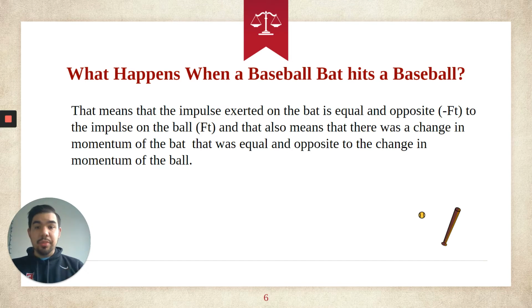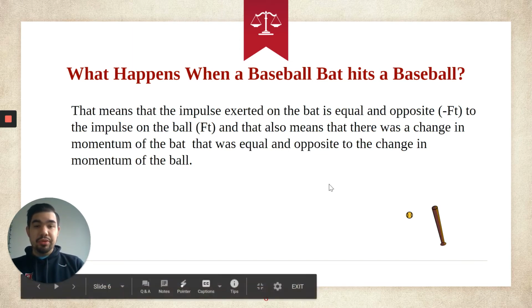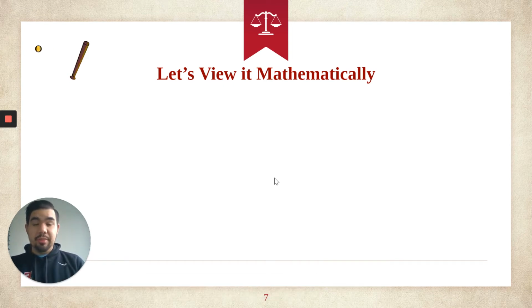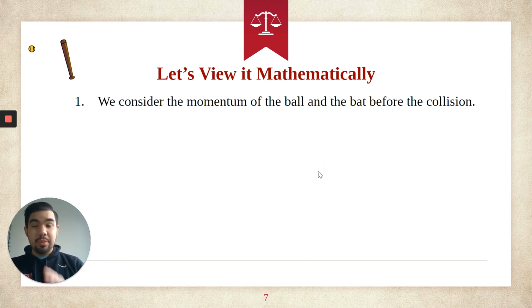Now, one thing to keep in mind is that the change in momentum of the bat is equal and opposite to the change in the momentum of the ball. And we'll discuss how this is, because we will notice that even though the ball is moving a ton and the bat is not, some of this can be explained. Let's start by breaking it down mathematically. We need to consider the momentum of the ball and the bat before the collision.